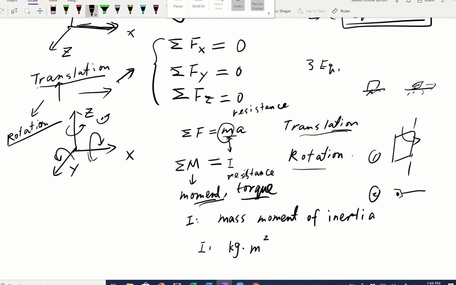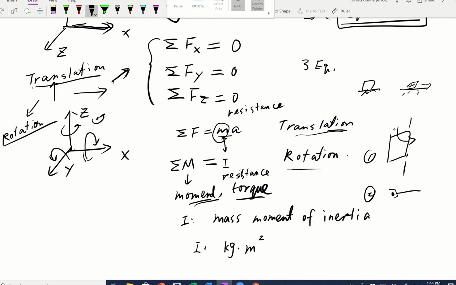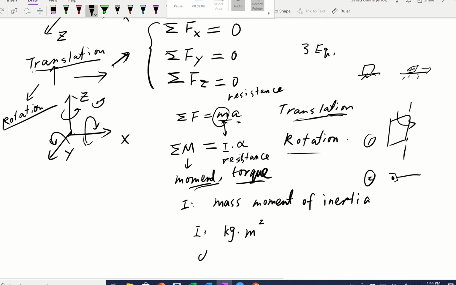Okay. Now, let's look at this third term, acceleration. Acceleration is in translation. So how do you explain the acceleration in the rotational world? We learned in freshman engineering it's going to be what? Alpha. So what do we call alpha?